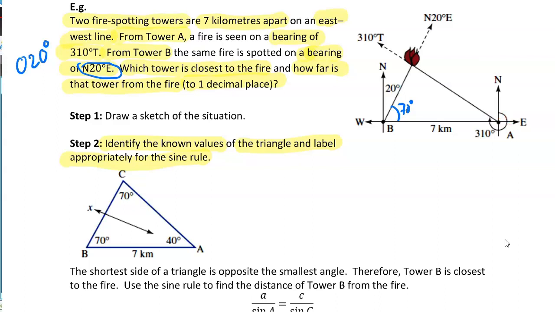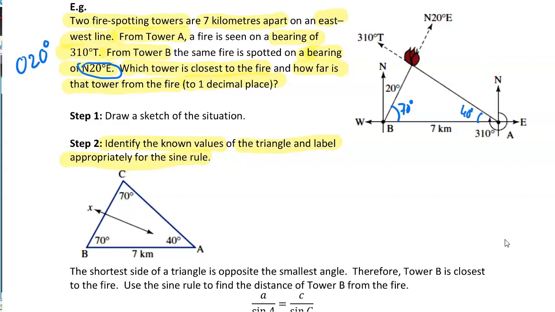Now it's 270 degrees around to the east-west line, so 310 degrees take away 270 is 40 degrees. Now 70 plus 40 gives you 110 degrees. 180 take away 110 is 70 degrees.